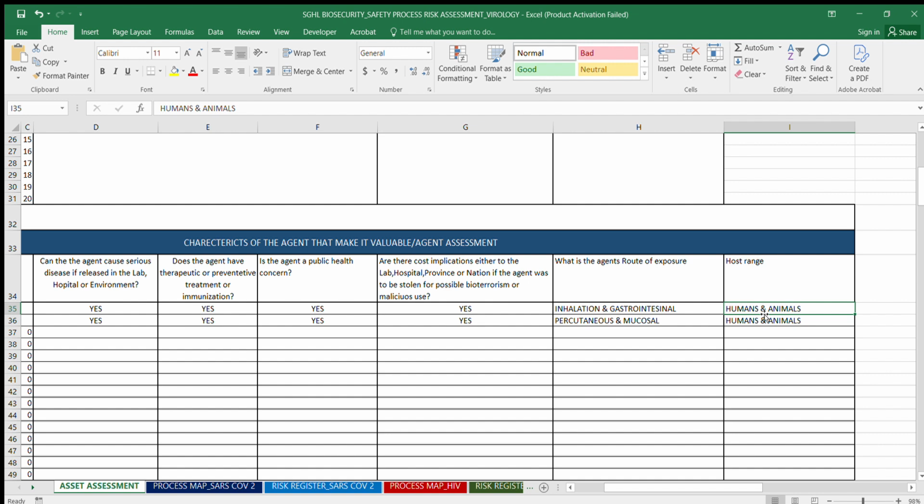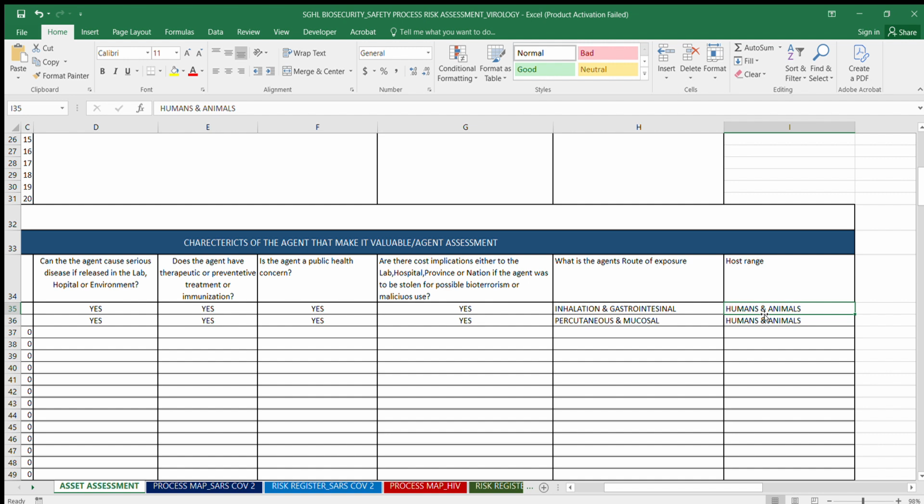If it has a higher virulence impact, it is even more valuable, because then it will kill a lot of people. So hypothetically, this agent may be of interest to me, if I was an adversary, more than something which has only one host range.